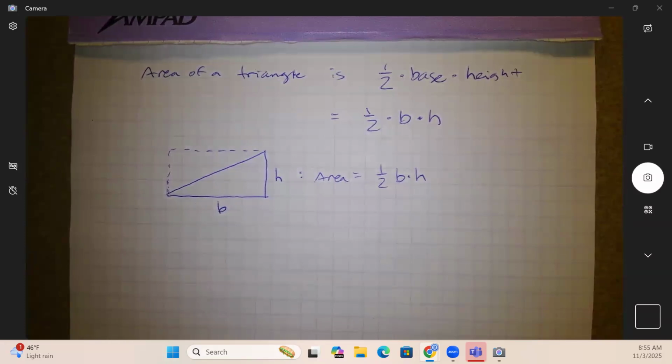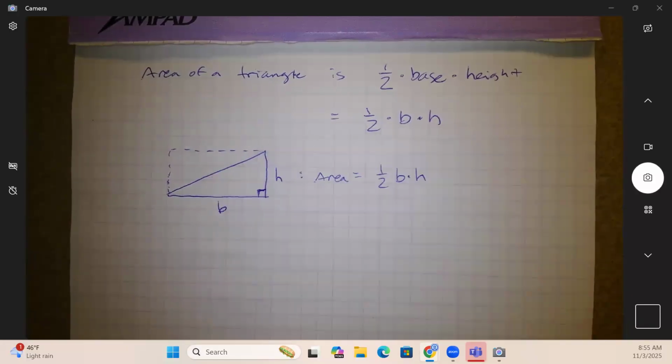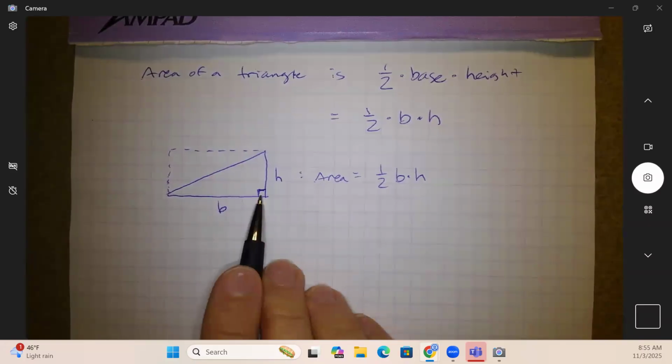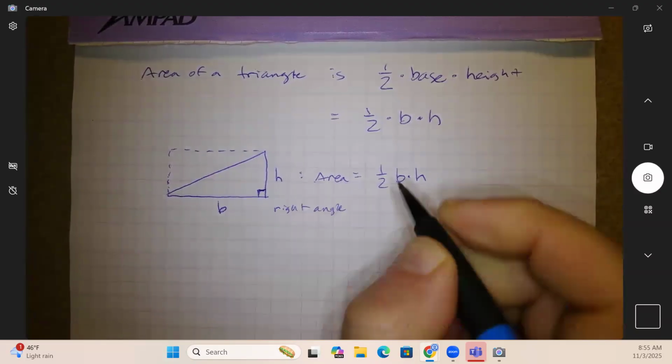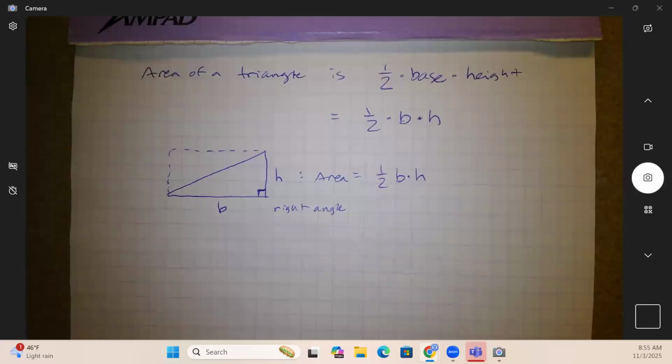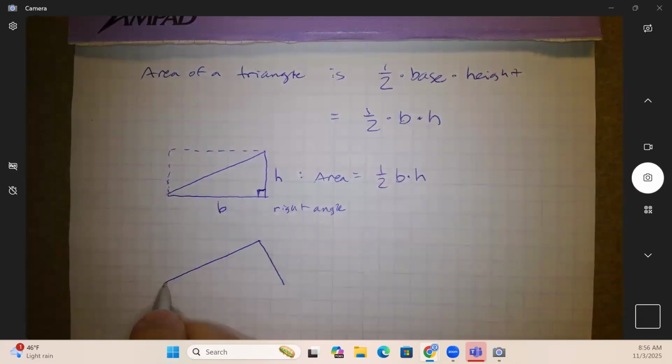And that actually works whether or not your height is completely vertical, right? Whether or not the vertical leg of the triangle is perpendicular. This is called a right angle. I don't know why they use the right angle. I might have called it a square angle, but anyway. And it still works even if your triangle has a different shape, as long as you know the base.